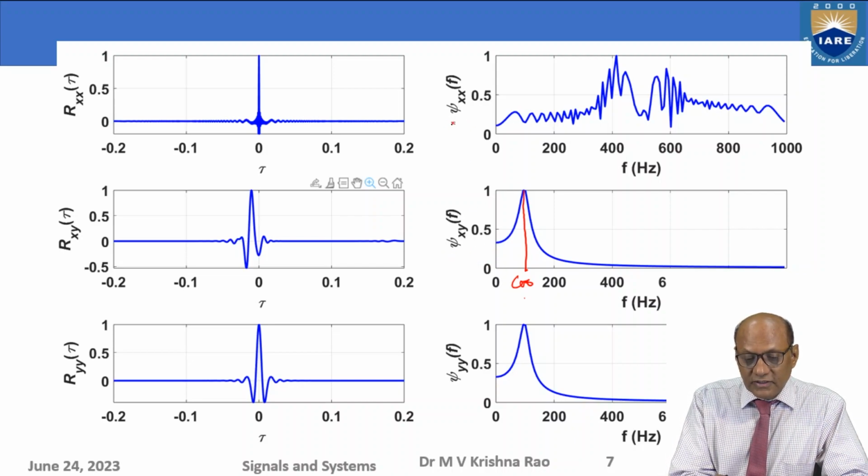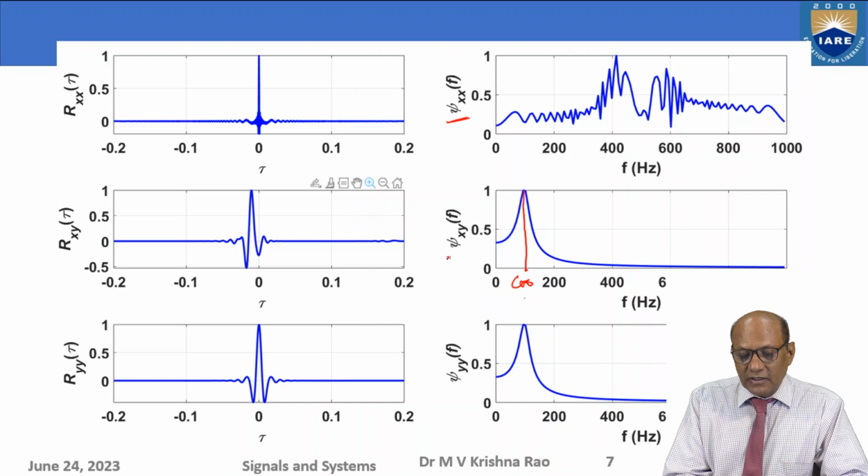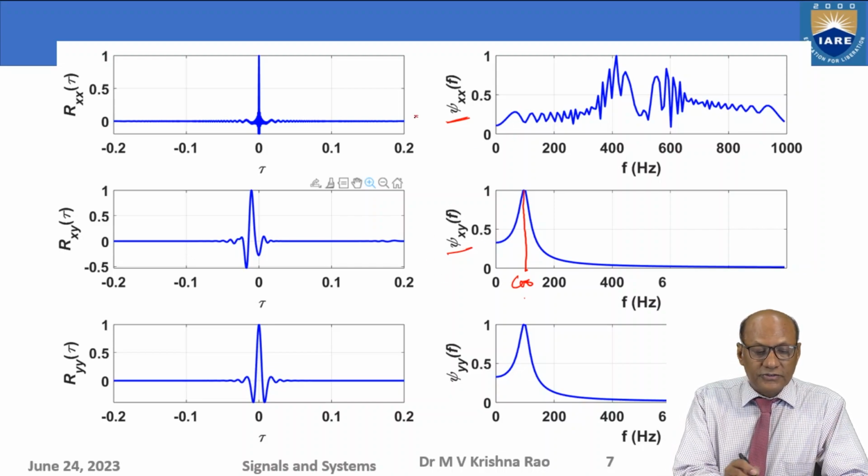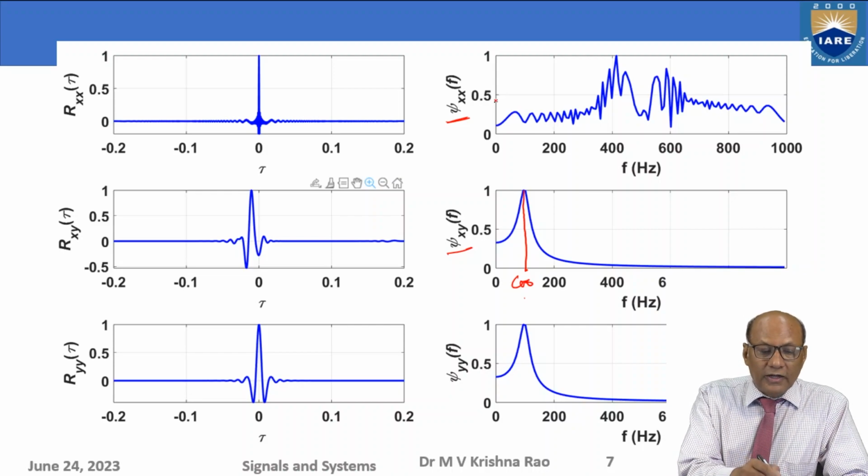This is the energy spectral density of the input signal, and this is the cross power spectral density of the input and output. That is what I should say. When I want to speak in terms of the autocorrelation function, I should say that this energy spectral density is the Fourier transform of this one. That much I can say.